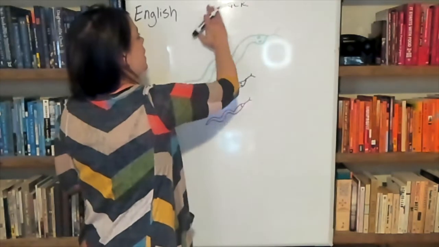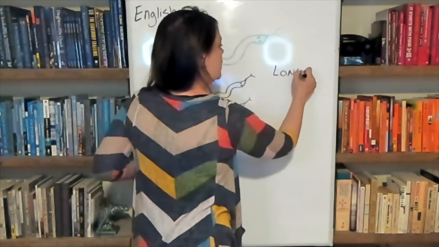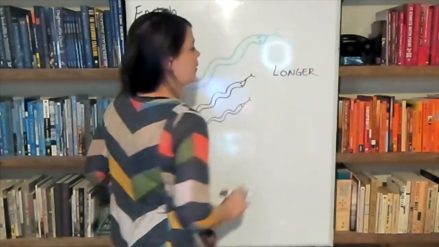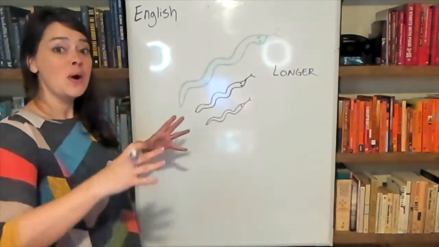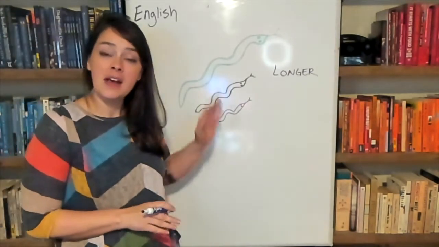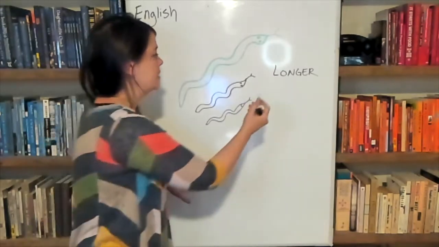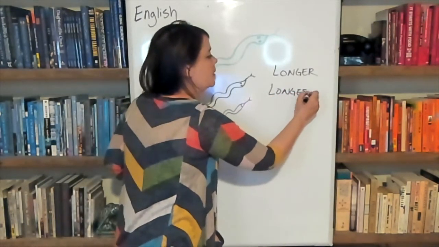Oh, that doesn't show up. I'll write it here. Longer. But if we were going to talk about the snake that is the most long, we would say the green snake is the longest of all 3. Longest. That's another adjective that can compare.